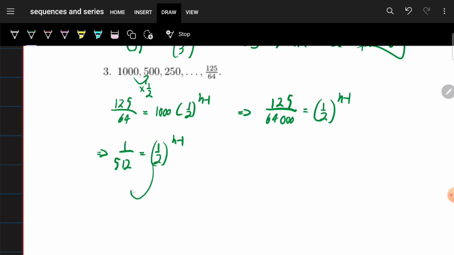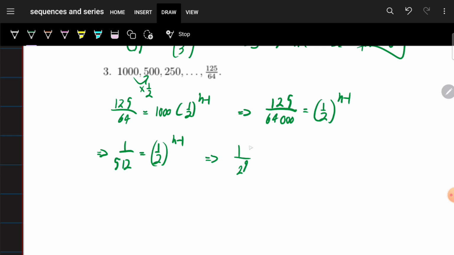Okay, and we have to write this now as a number with a base of 1/2. So if I remember my powers of 2, 512 is 2 to the power of 9. So let me just double check this, 2 to the power of 9. Yep, that's 512.